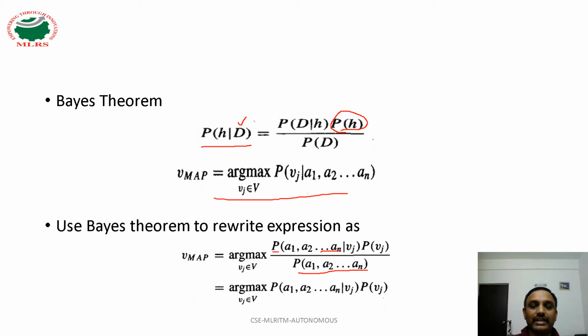So this final equation we are rewriting as argmax over Vj belonging to set V, where set V is the target values, of the probability of all the attributes given the target output value times the probability of the target output value.